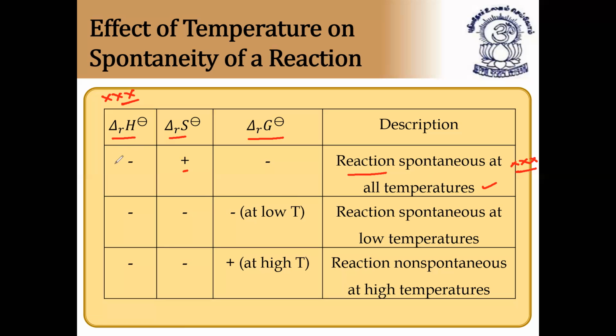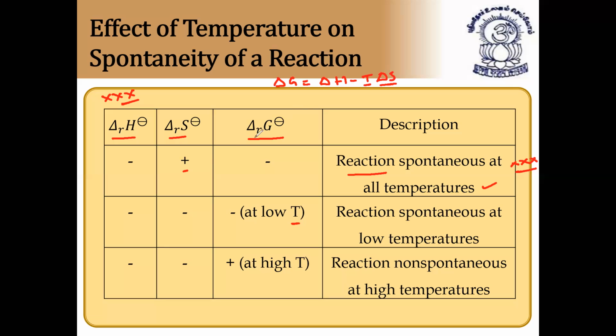Next, second condition: if delta H is negative and delta S is negative, delta G will be negative only at low temperature. Why? Because delta G is equal to delta H minus T delta S. If temperature is low, then this term becomes low.